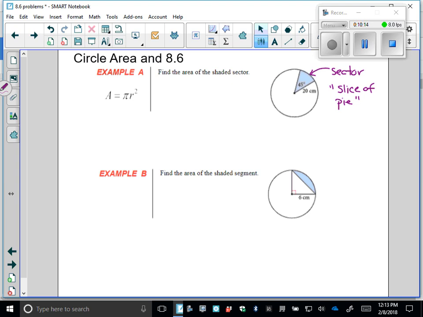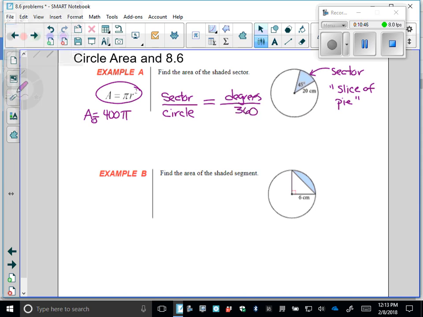Remember, the area of the entire circle is 400 pi from the formula pi r squared. So the sector area, you can think of it as sector to circle is equal to degrees over 360.